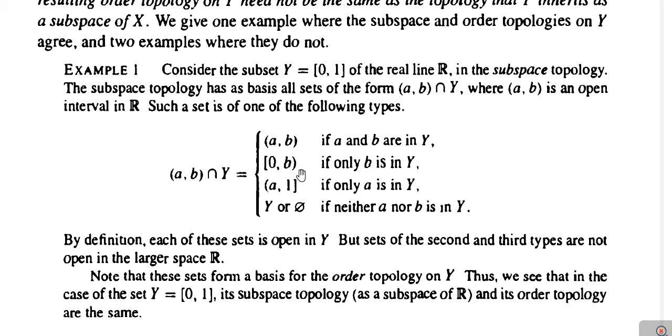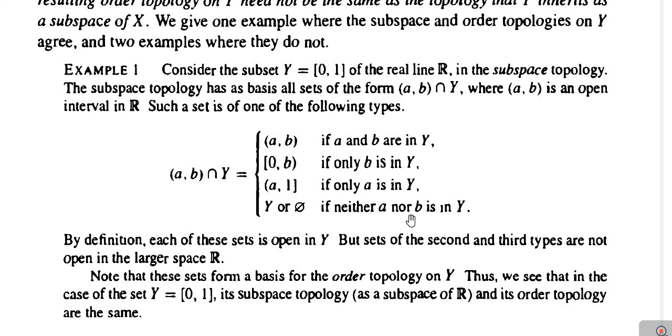Next, when only a is in the subspace Y, then the intersection will be a half open interval. And finally, when neither a nor b is in Y, then the intersection of Y with the open interval a to b is equal to either Y or the empty set phi.